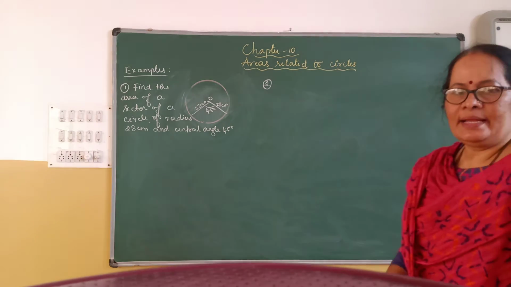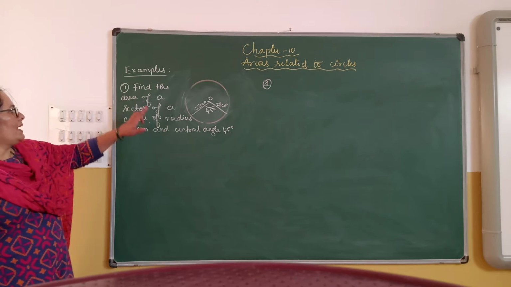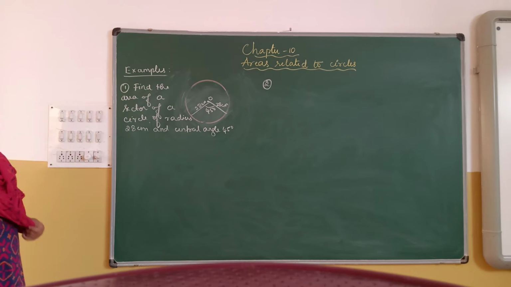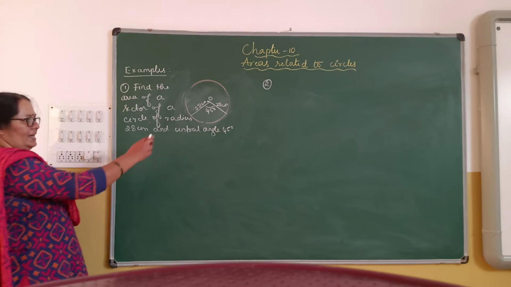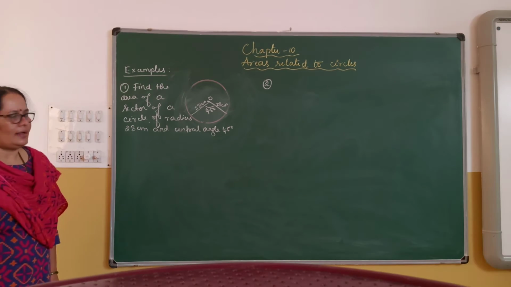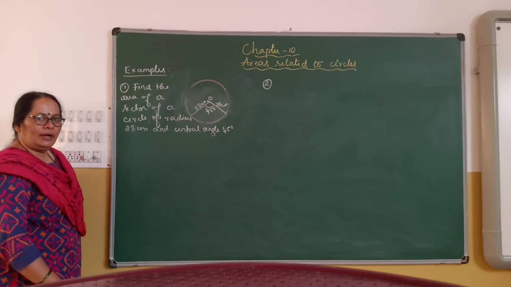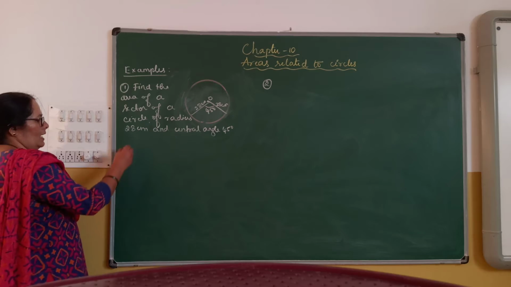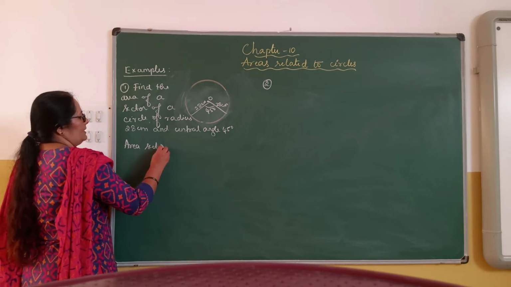Let us take some examples for better understanding. First one: find the area of a sector of a circle of radius 28 cm whose central angle is 45 degrees. So find the area of a sector whose radius is 28 and angle subtended, that is the central angle, is 45 degrees. First you need to write the formula neatly.